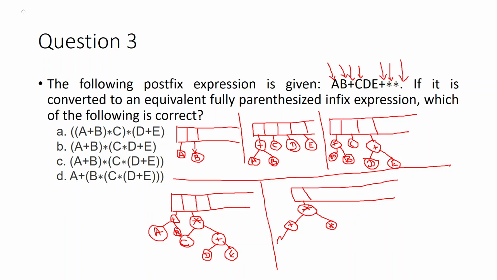Plus has two children, A and B. This multiplication has two children, C and plus, with D and E. So this is the expression tree for the given postfix expression.